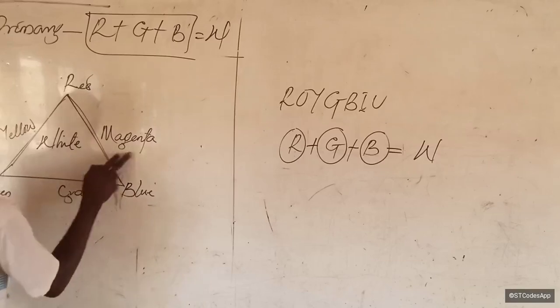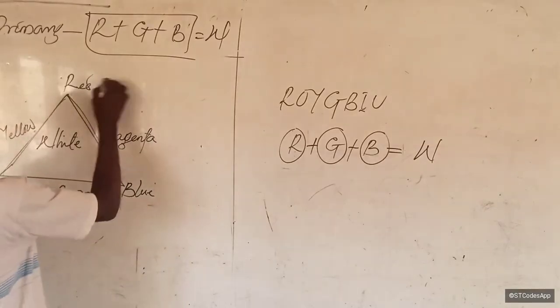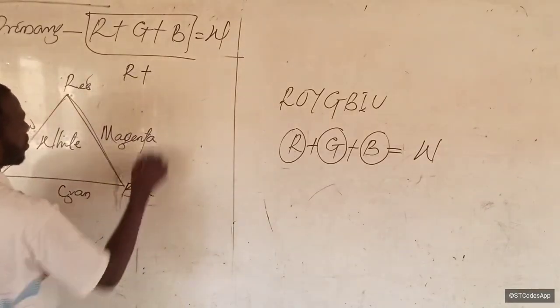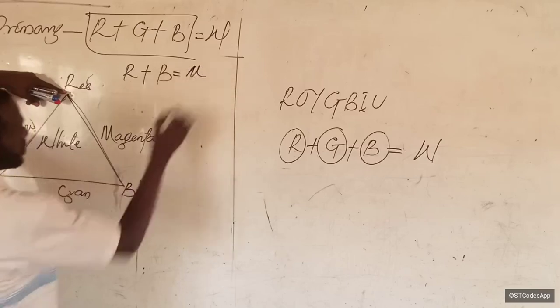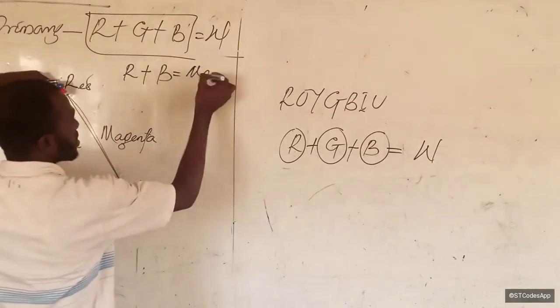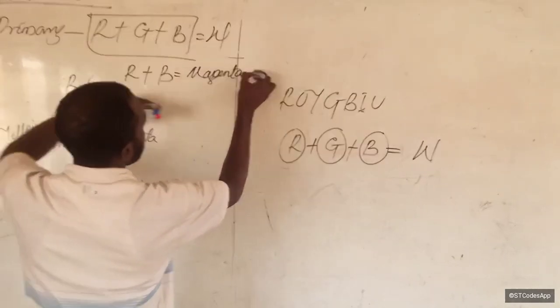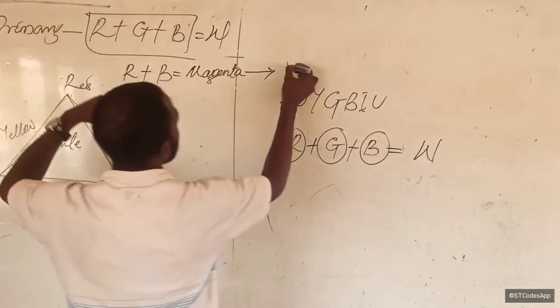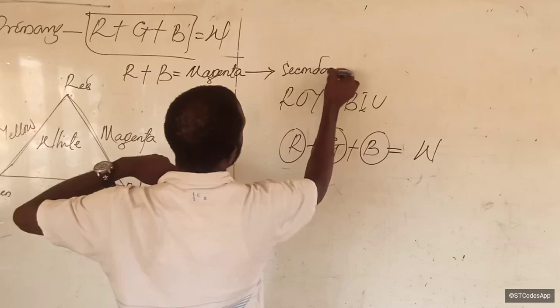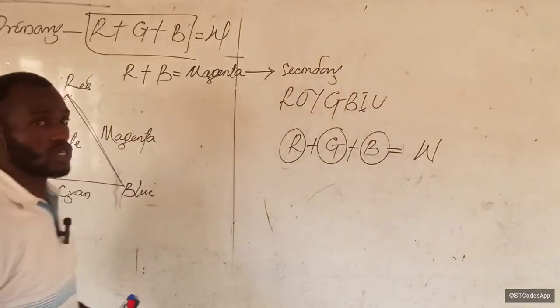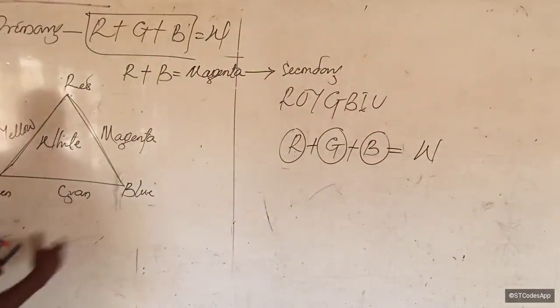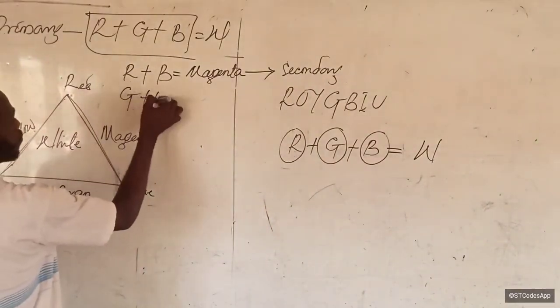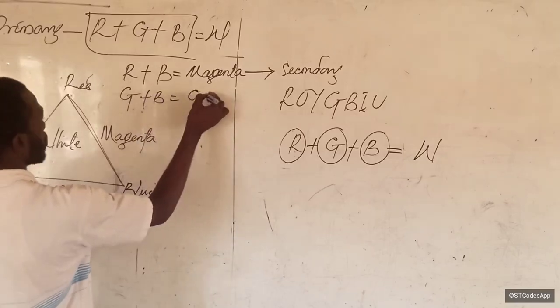Now, how do we get magenta? Magenta is simply the combination of red plus blue. So when you combine red and blue, you get magenta. Magenta, therefore, is not a primary color, but a secondary color. Then green plus blue gives us cyan.